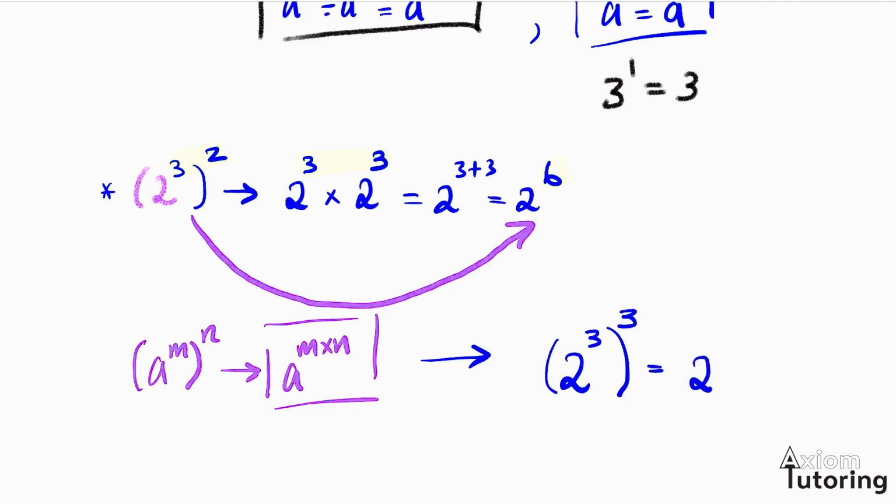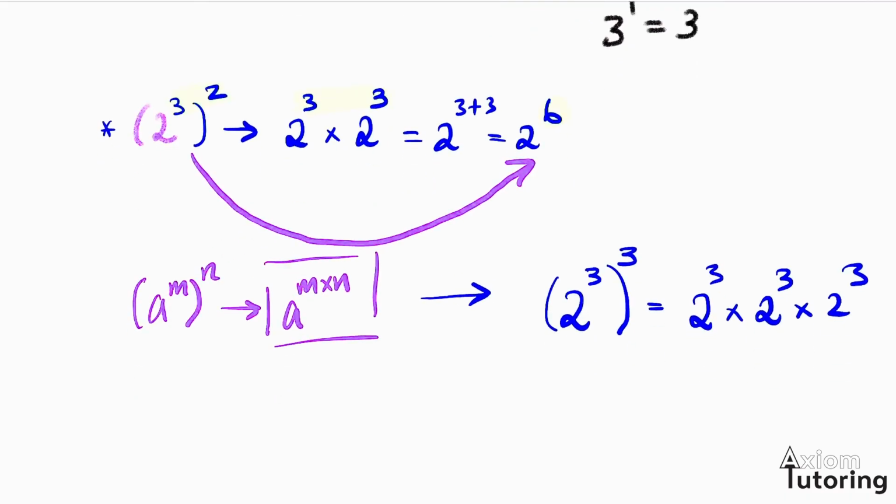That would be 2 cubed times 2 cubed times 2 cubed. And the rule doesn't have to have just 2 powers. You still add all of these exponents together. It gives us 2 to the 9, which is just 3 times 3.